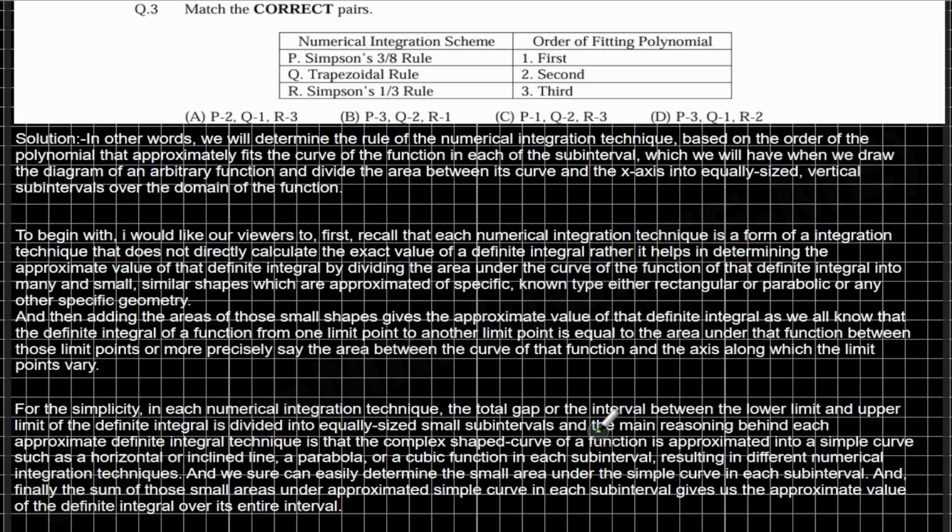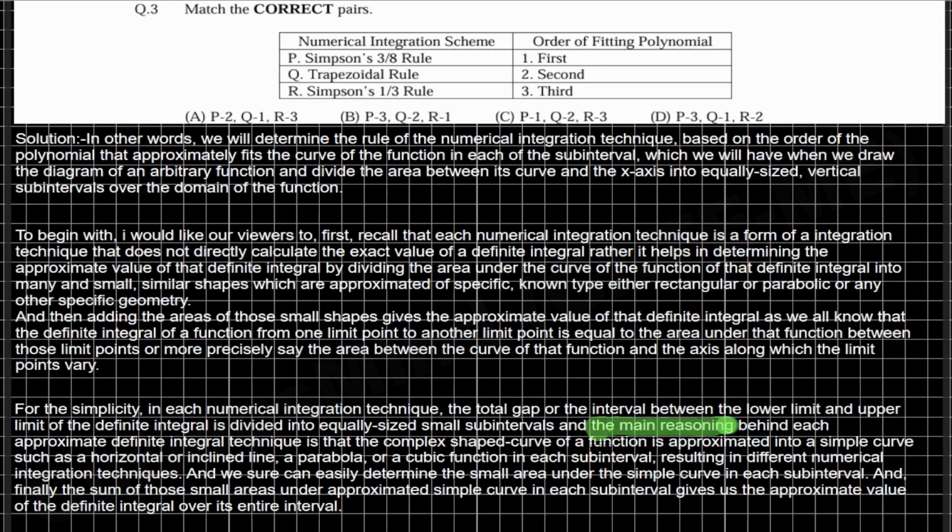Now, before we move to the next page and draw a diagram of an arbitrary function, I would like to highlight this line.